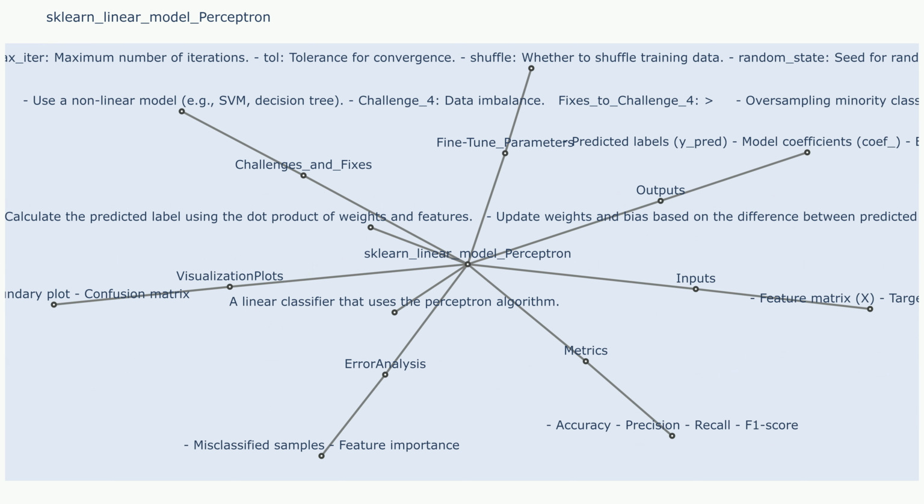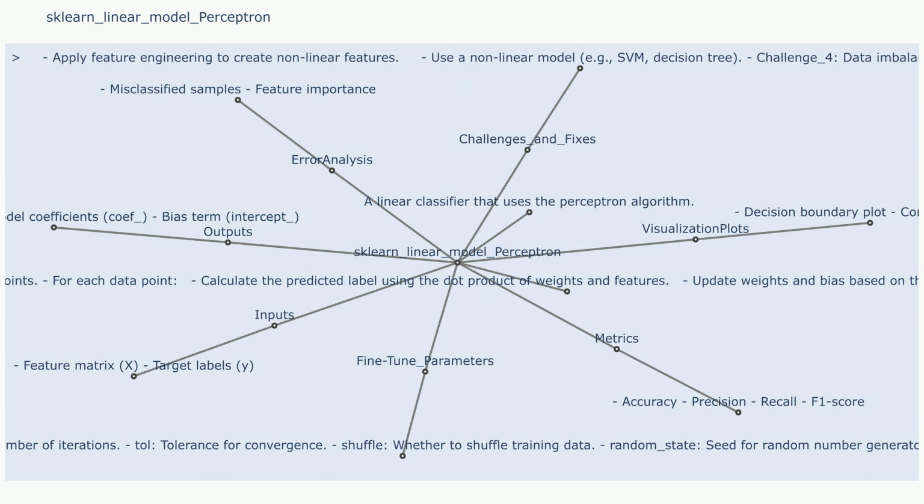Steps. The algorithm starts with a random set of weights. For each training sample, it calculates the weighted sum of the features. If the weighted sum is greater than or equal to the threshold, 0 in this case, it predicts a class of 1. Otherwise, it predicts a class of -1.